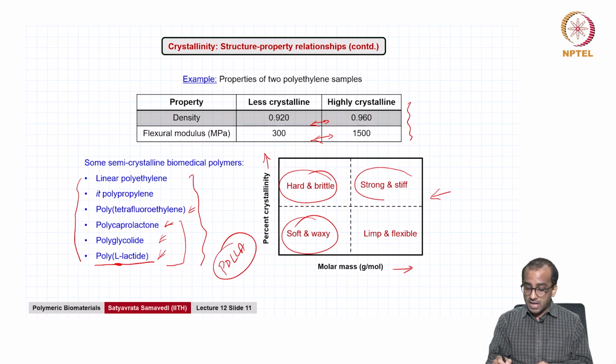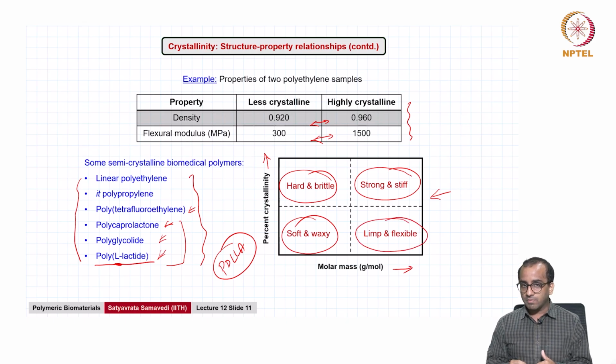At high percent crystallinity and high molar mass, you will end up getting strong and stiff materials, and at high molar mass but low crystallinity, you will end up getting flexible kind of materials. So, you can now see the rich variety of mechanical or bulk behavior you can get simply by tuning the microstructure, going from low degree of crystallinity to a higher degree of crystallinity, and that is also in turn related to molar mass, as is clear from this.